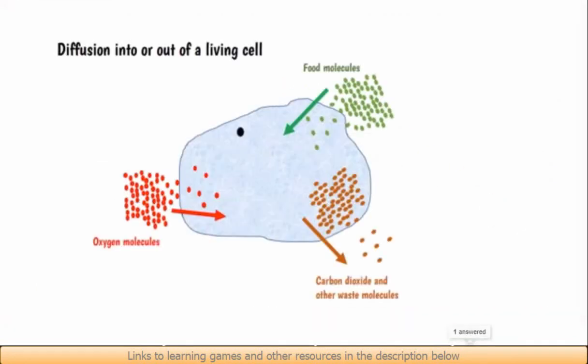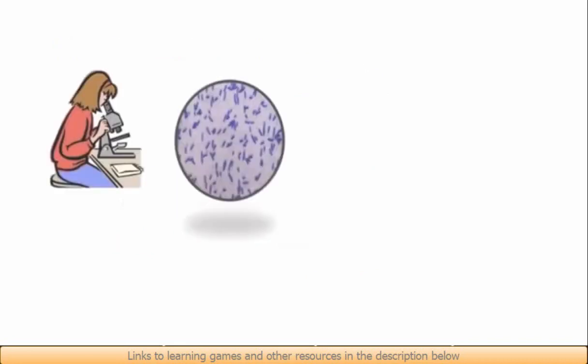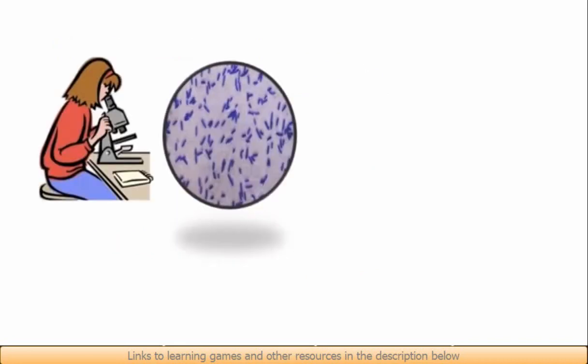So let's have a look now at using diffusion to supply materials. Diffusion is a crucial process for cells because it allows substances to move in and out of cells without those cells using any energy. Now, very small organisms such as single-cell protocysts and bacteria have a very large surface area compared to their volume.